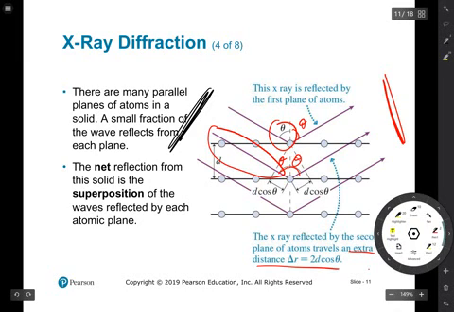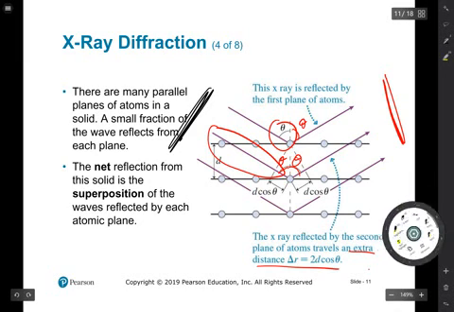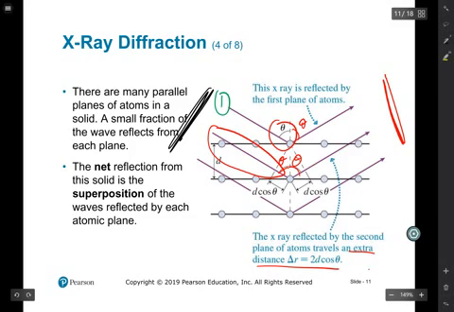If I compare the two rays, ray 1 and ray 2, we see that the only difference in their paths is this little bit right here. Everything prior to that is the same. And similarly, because all the atoms are regularly spaced, this right here is 2d cosine theta, and so on.